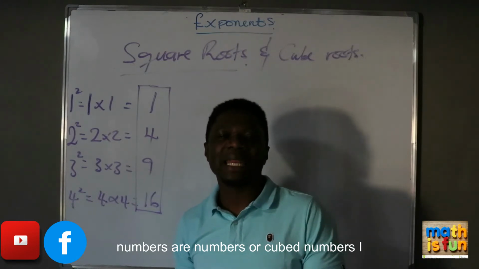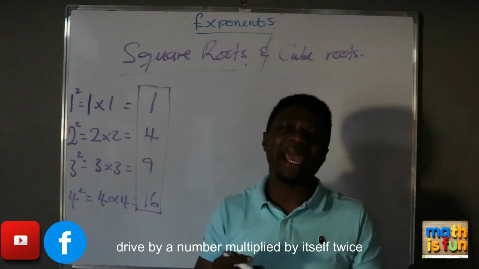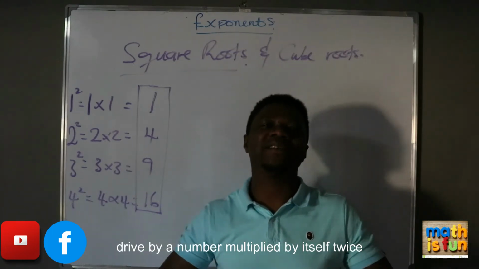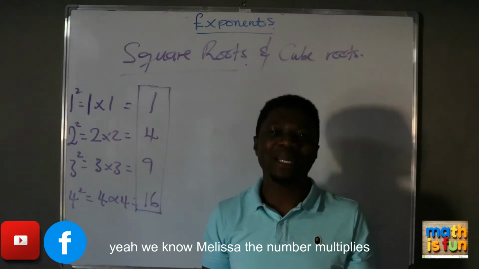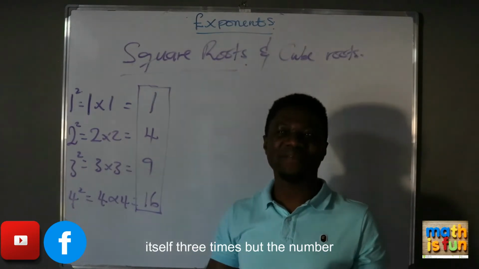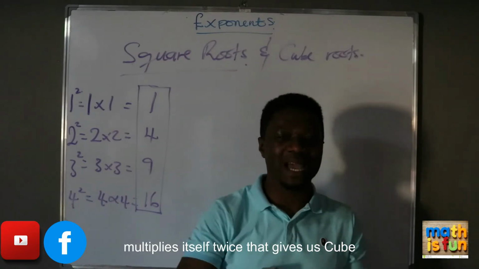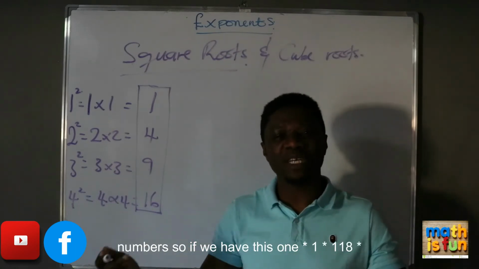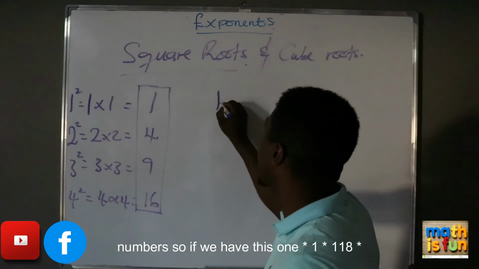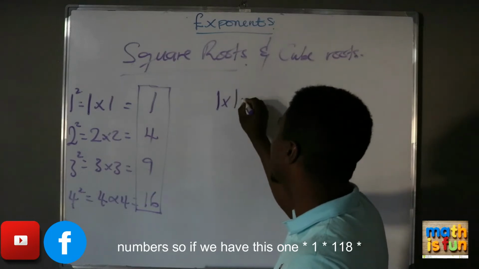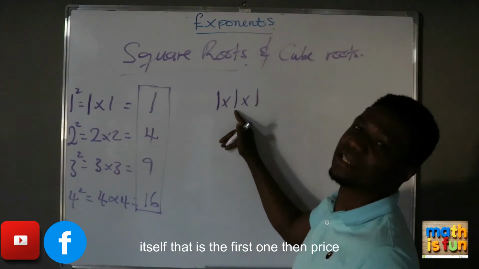Cube numbers are derived by a number multiplying itself twice. We normally say the number multiplies itself 3 times, but the number multiplies itself twice. That gives us cube numbers. So if we have 1 times 1 times 1, 1 is multiplying itself.